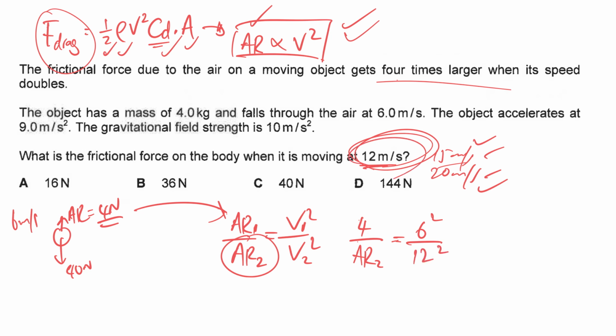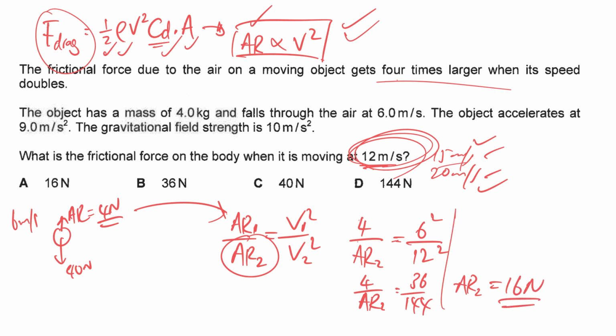So let's simplify. This 4 over the air resistance that I want to find equals 36 over 144, and if you solve for it, the air resistance when the speed is 12 meter per second will be the same 16 Newton.